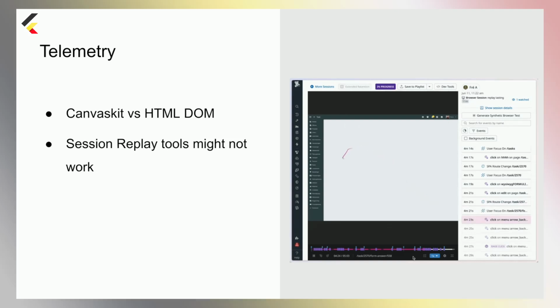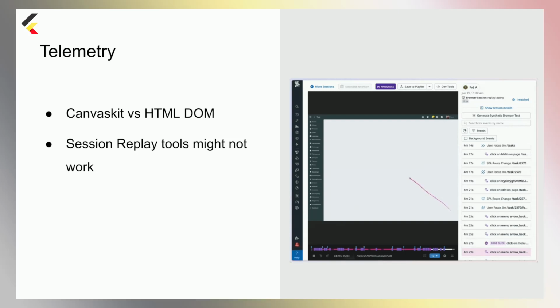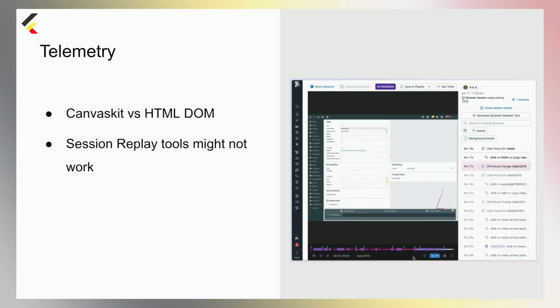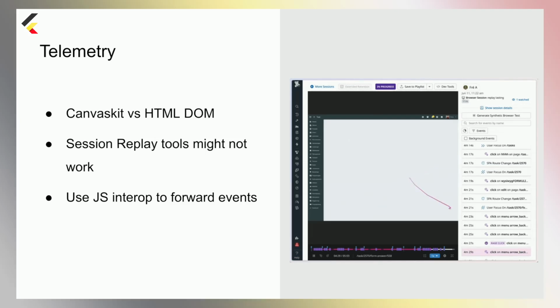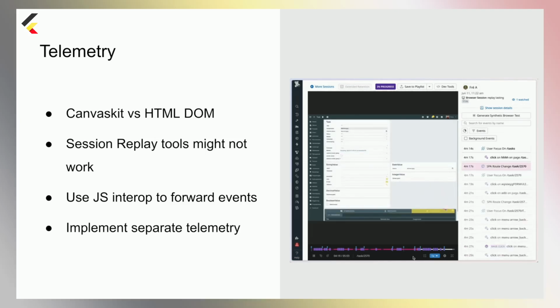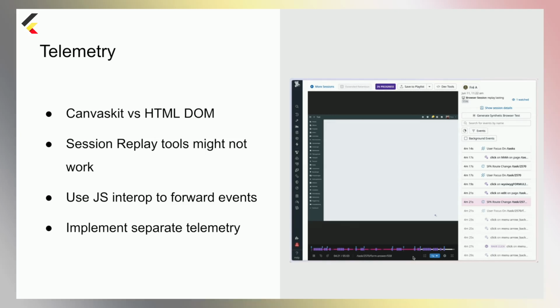This is the part where our Flutter view is introduced, but it remains a black box to our telemetry. What I could suggest here is to use JS interop to forward those events to your telemetry, or you could just completely implement it within the embedded Flutter application.